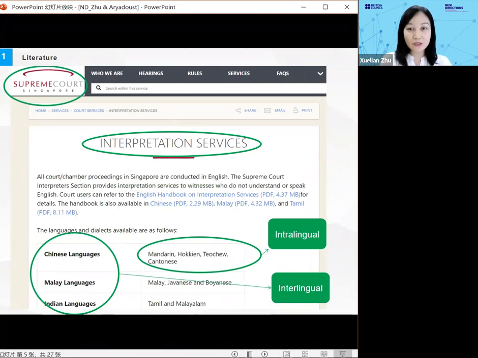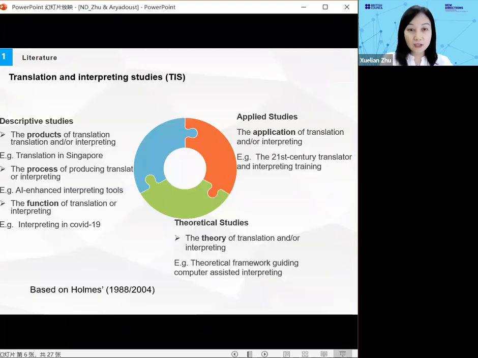So the wide application of translation and interpreting also arouse the interests of scholars. And translation and interpreting studies is an academic discipline that deals with the complex problems surrounding the phenomenon of translation and interpreting. Holmes, in 1988, proposed a tripartite model including three areas.